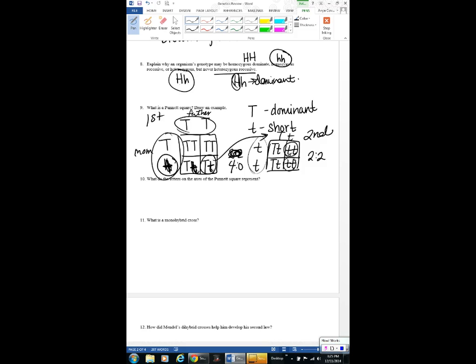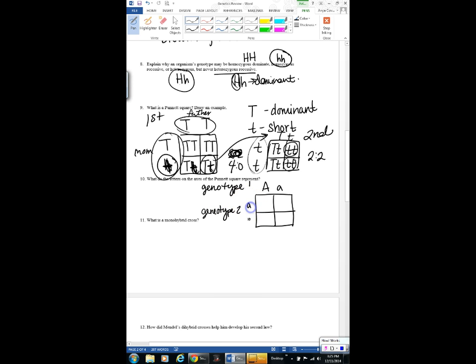All right, what do the letters on the axis of the Punnett square represent? Well, these are going to be what I was showing you up here, the father and the mom, or the genes, literally the genotype. Okay, so genotype number 1 is always going to be on the top. So if we have, let's say, the hair color gene, and then genotype number 2 is going to be on the side.